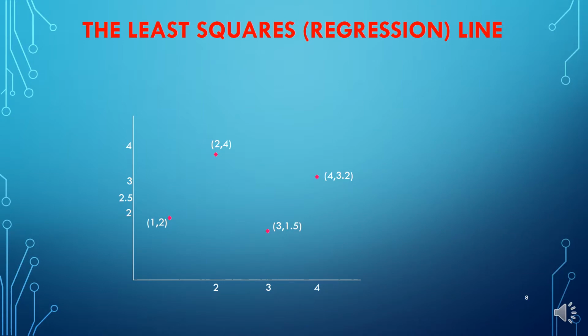So here there are 4 points. 1, 2 is x1, y1. And 2, 4 is x2, y2, and so on. So the x-axis is the hours of study, for example, and the y-axis may be the marks obtained in tenths, for example. Okay.